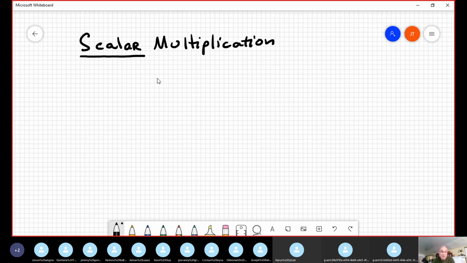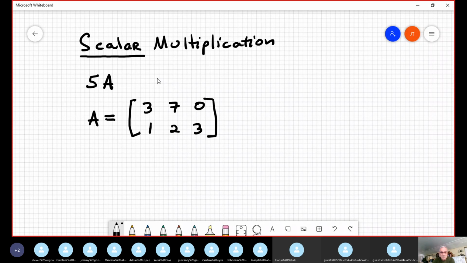A scalar is a number that we frequently work with: 5, 20, negative 5, negative 10. A scalar is just a number, no dimension. For example, let's do the operation 5 times A. And remember, A was the original example: 3, negative 7, 0, 1, 2, 3. We're using the same example because I don't want to edit more.